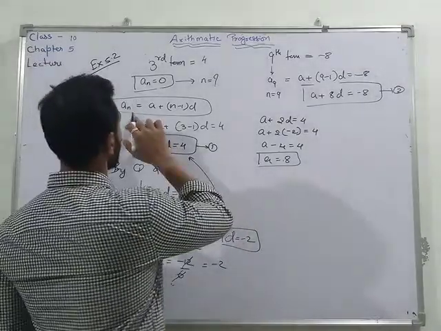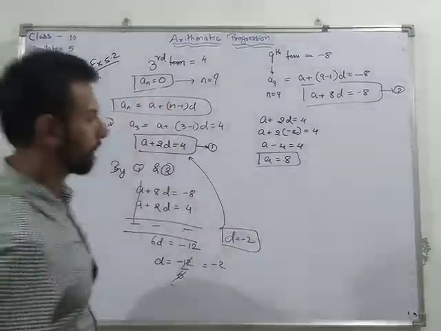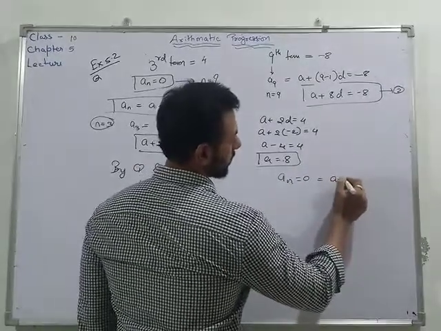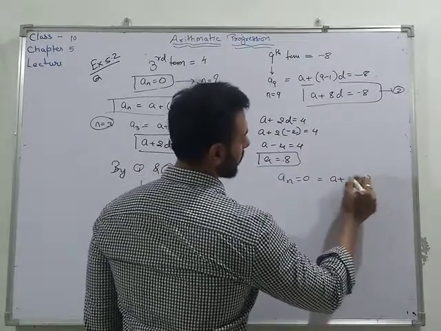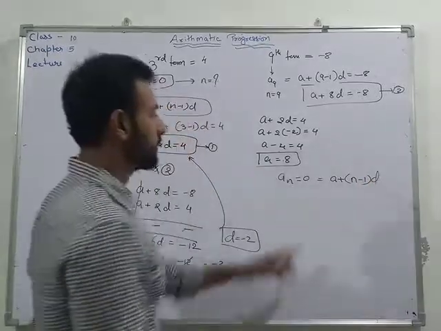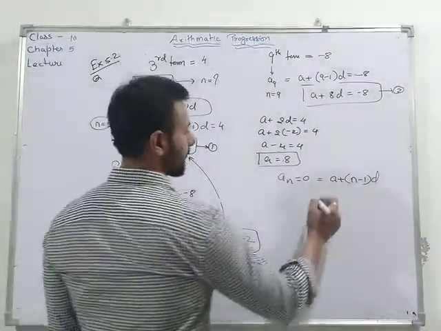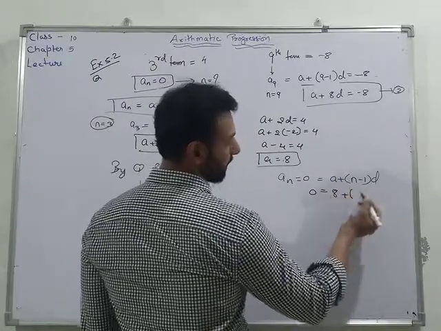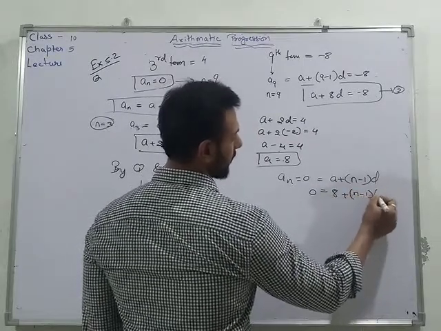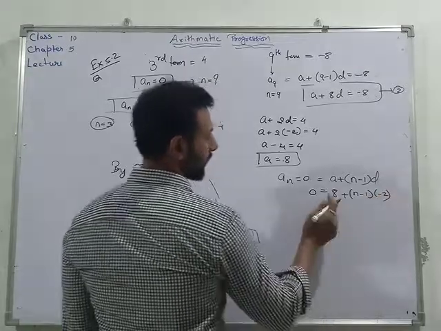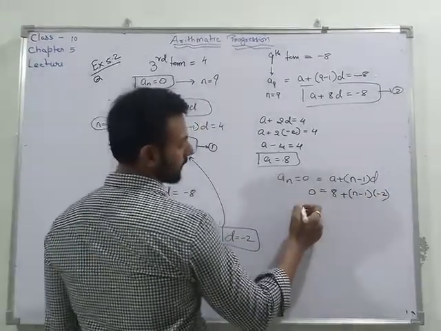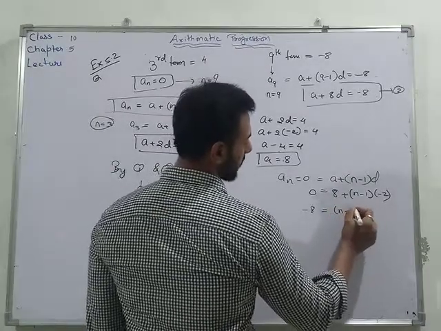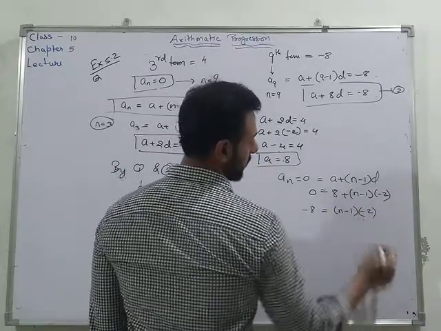Now An is given 0. An is equal to 0, A plus n minus 1 into D. Substituting the value of A is 8 plus n minus 1, we have to identify n. D is minus 2. Taking this 8 to the left hand side, minus 8 is equal to n minus 1 into minus 2.